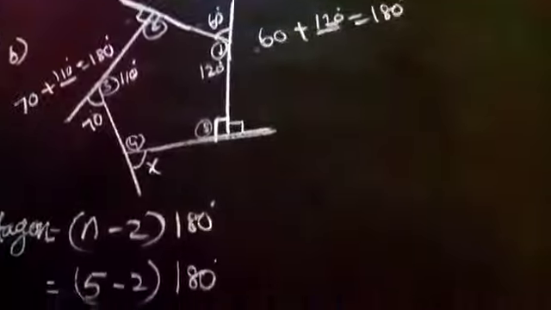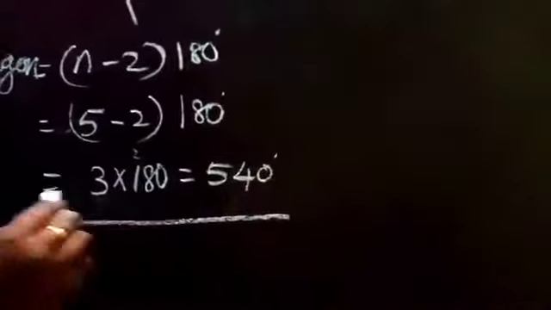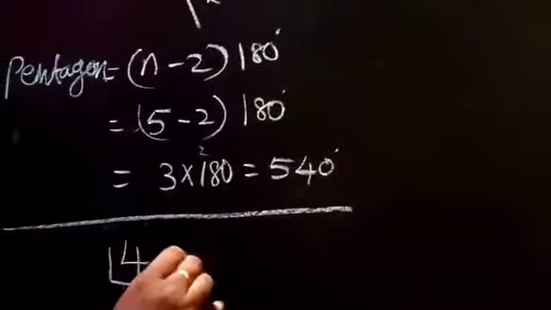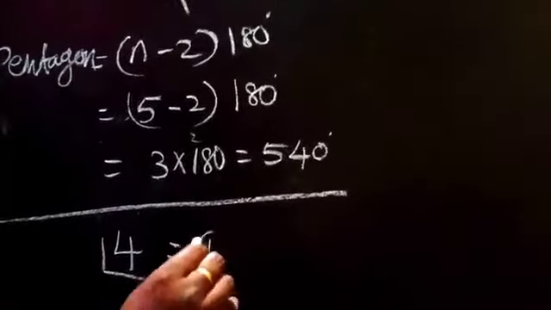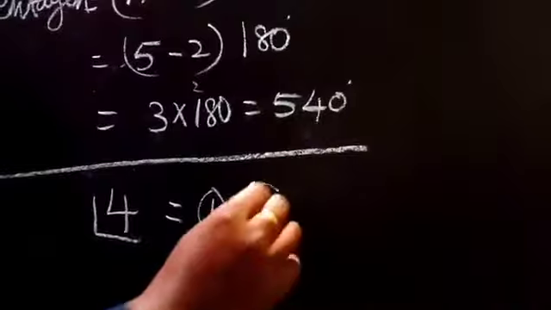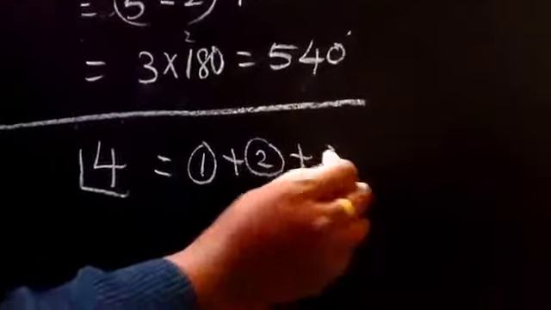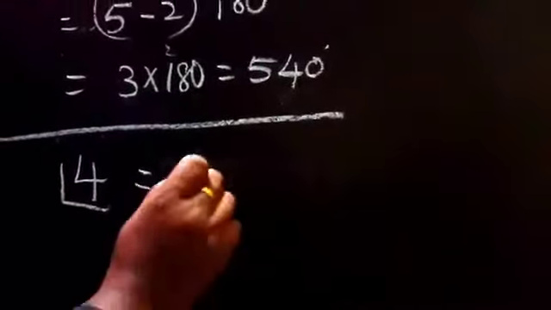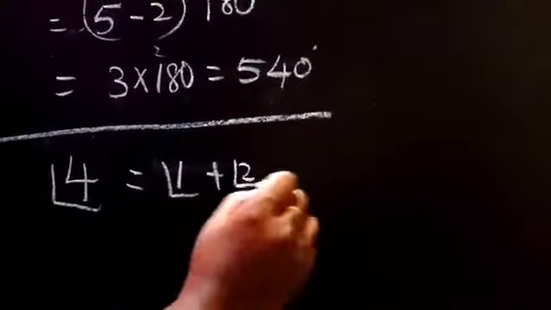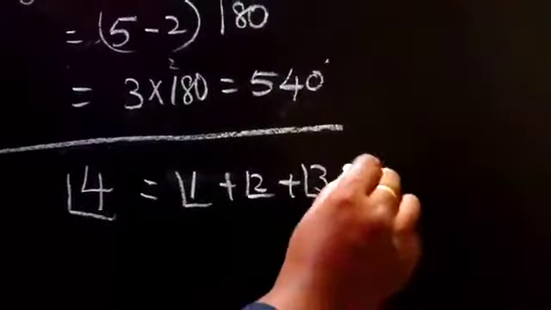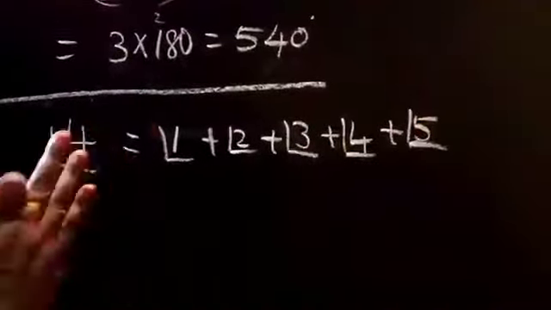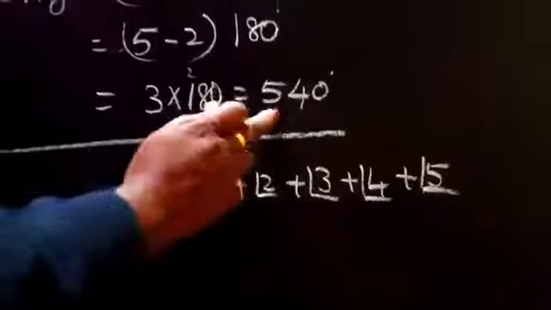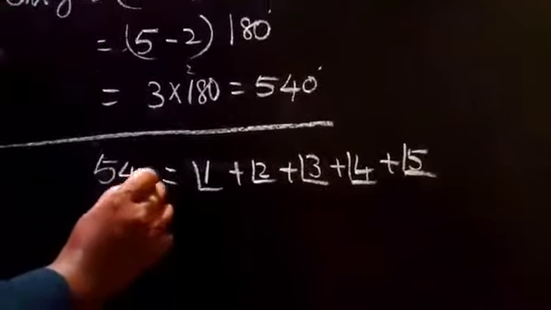We have everything, right, only the fourth angle we should find. So for the fourth angle, we have to add the first angle plus second angle plus third angle plus fourth angle plus fifth angle. Every angle added should give how much? 540 degrees.